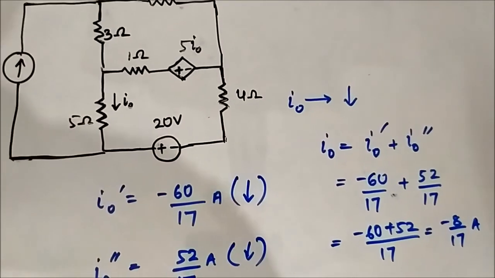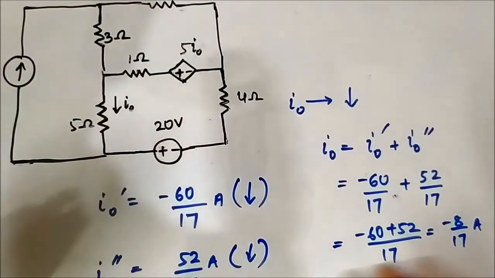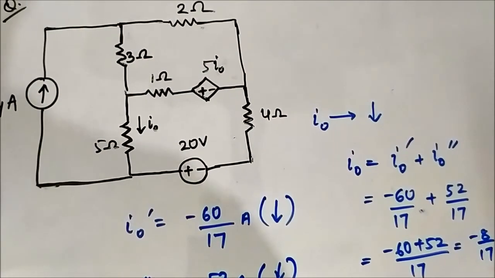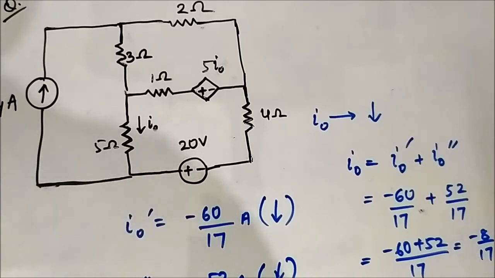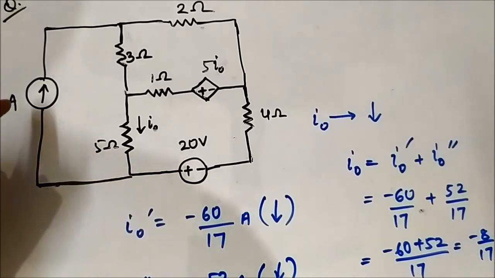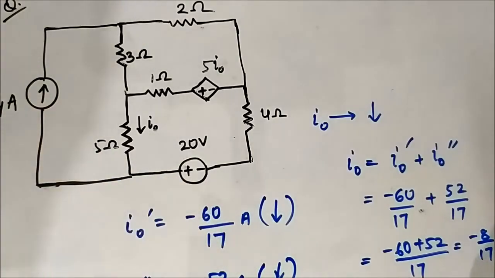This is the value. So this question is a bit lengthy and there are a lot of KVL equations involved, because there are 3 meshes involved in this circuit, and also there are 2 independent sources, one current source, one voltage source. So you have to have some patience.